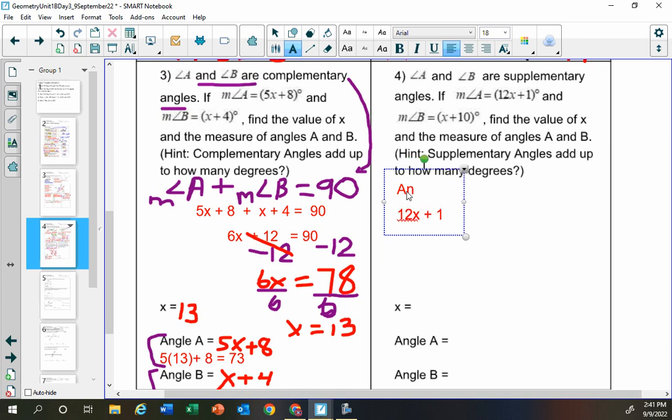Okay, what else? That's your setup for this problem. Very good. So angle 1 or angle A plus angle B equals 180 because they're supplementary.